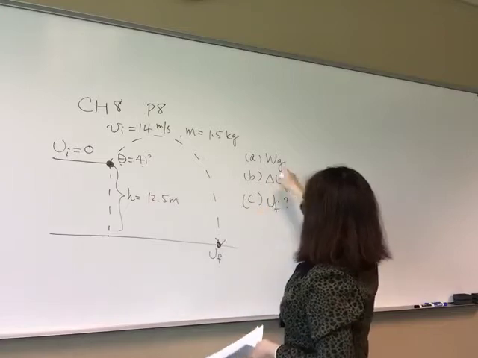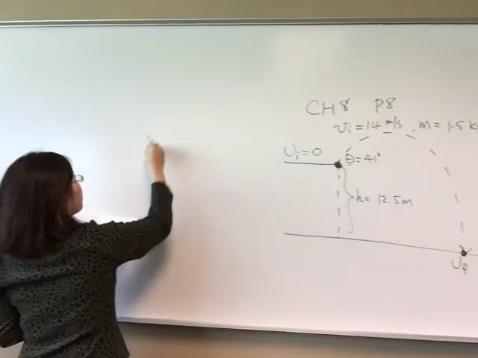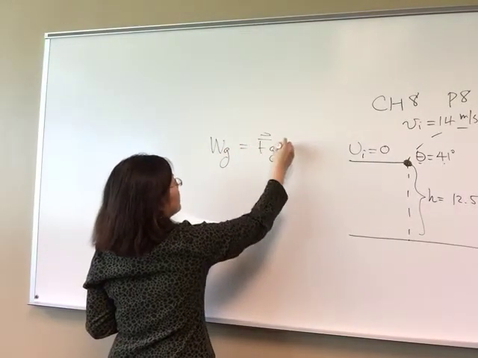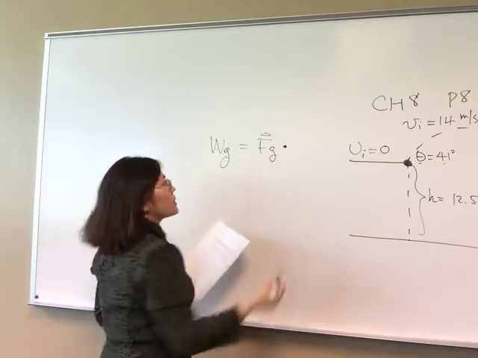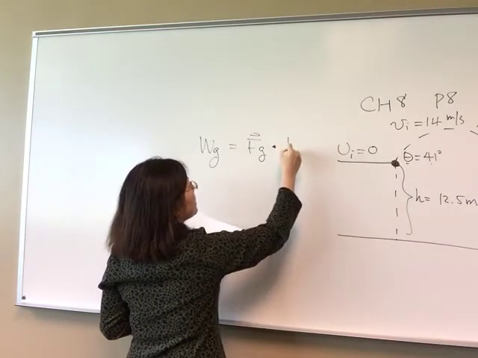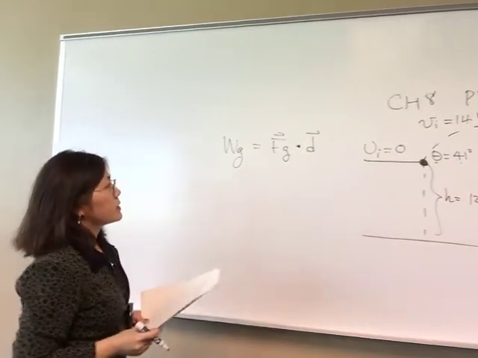vertical displacement. So by definition, the work done by gravitational force, Wg, is equal to the scalar product of the gravitational force and the displacement. And that displacement is a vertical displacement. So let me just say d, the vertical displacement.